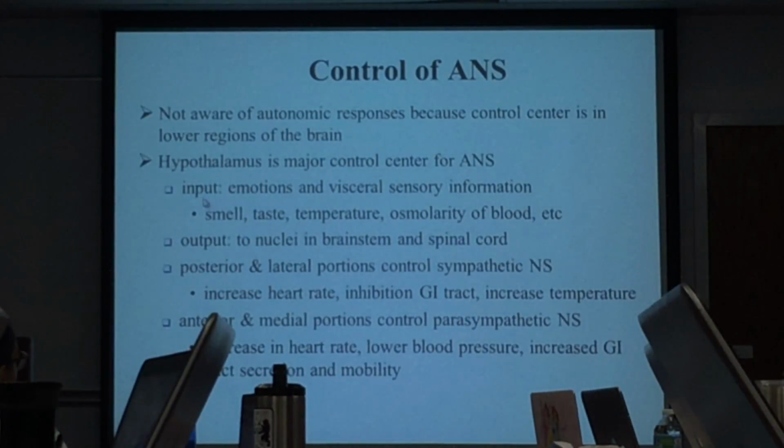Once the stimuli project to the hypothalamus, it can integrate and regulate a lot of stuff. But keep in mind the hypothalamus is the control center, and because it's such a low level, like the brainstem, it does not require complicated processing, so it's involuntary. That's all you need to remember.